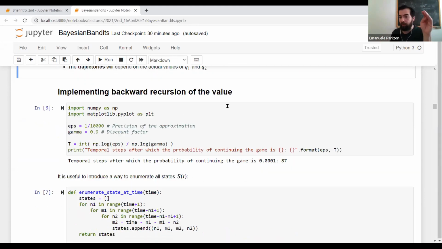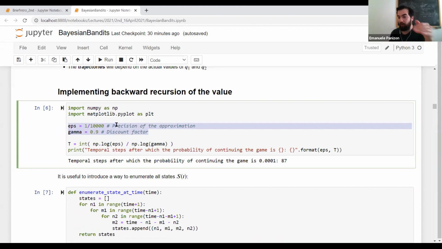How to do it properly? This is now the code. First of all, as we said, we have infinite states, so we have to limit ourselves with a cutoff. We decide that our tolerance is some value. We know that the rewards in the future are discounted by this factor every time I move.